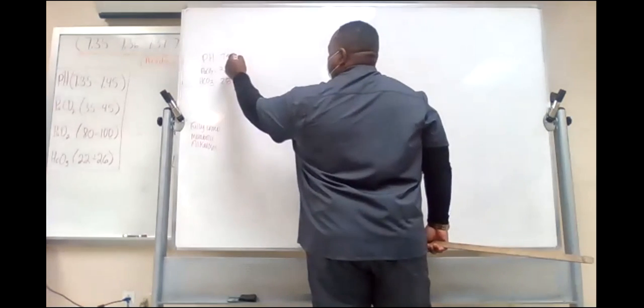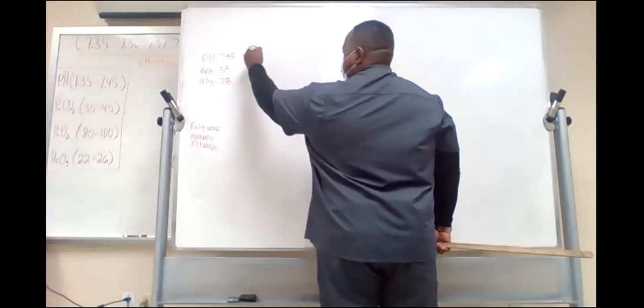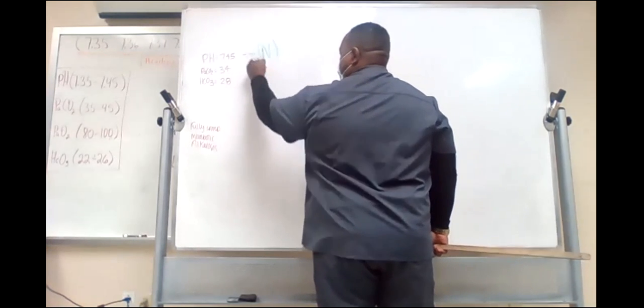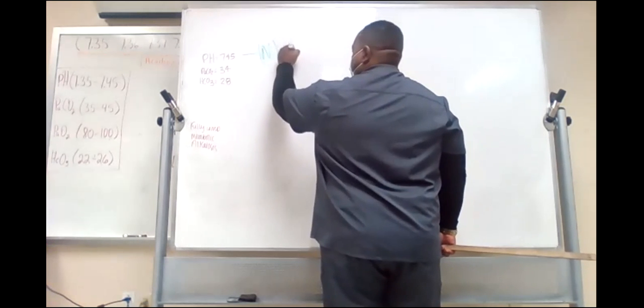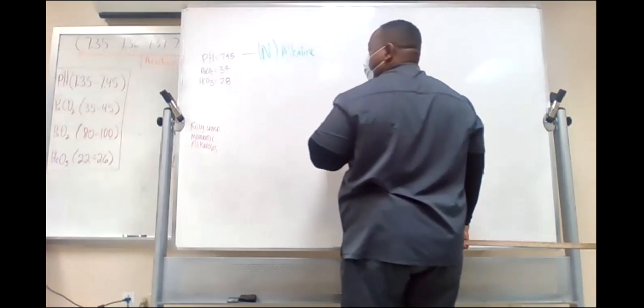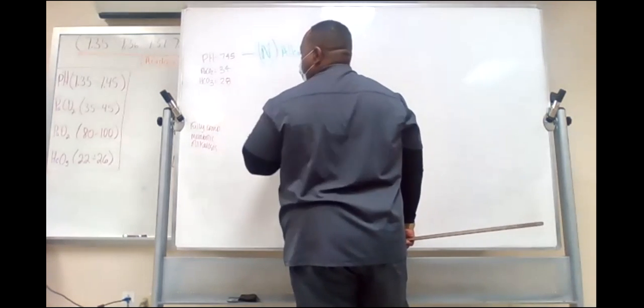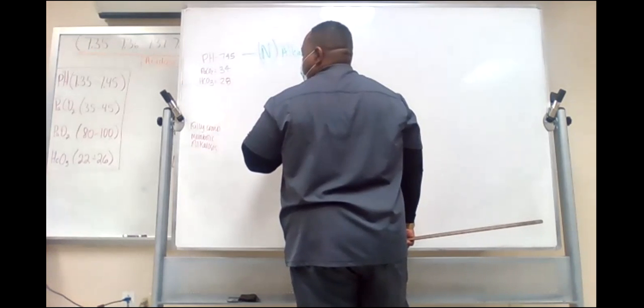Now, what is pH doing? It's normal, but leaning what? Alkaline. So we're in an alkalosis. Now let's see who's causing the problem. What's CO2 doing? It's 34.